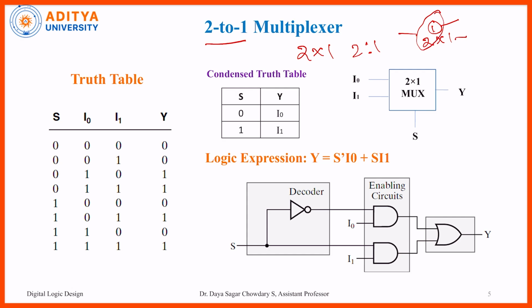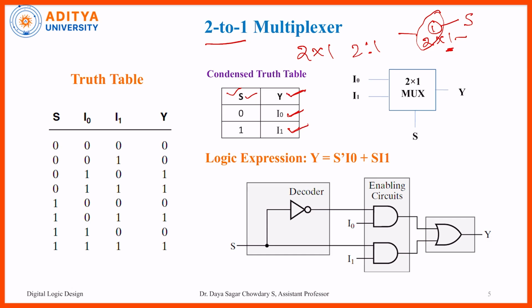The selection line is represented with S, the inputs are I0 and I1, and the output is Y.